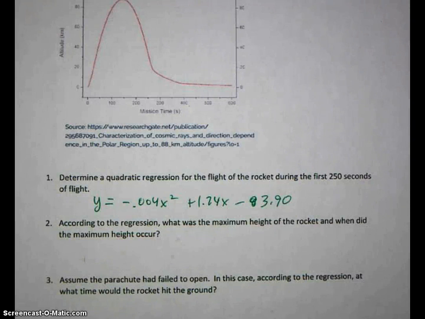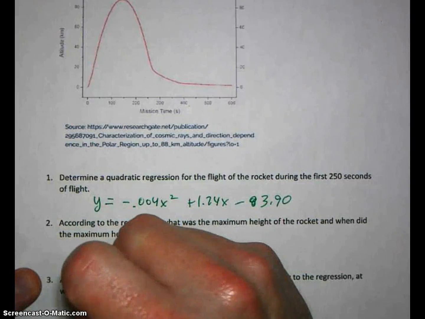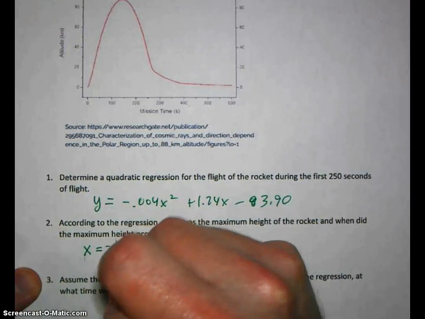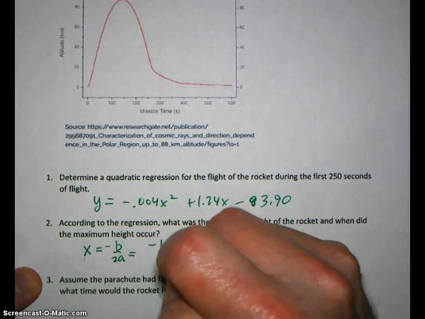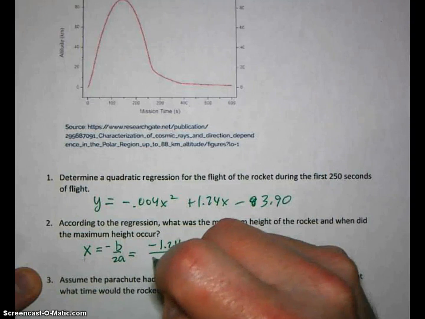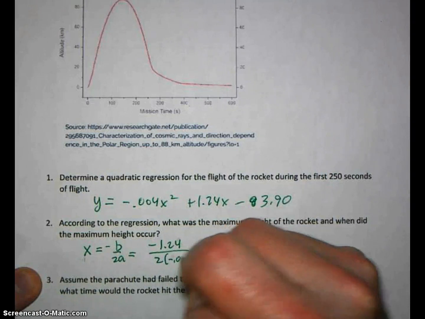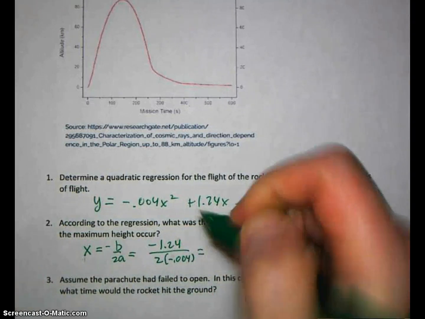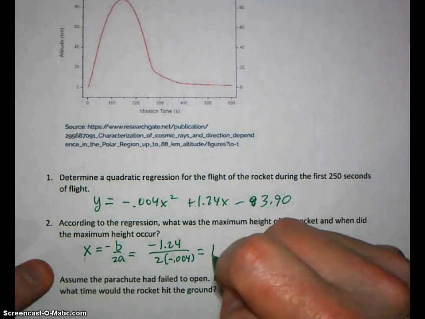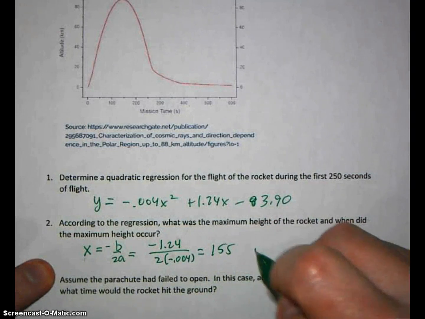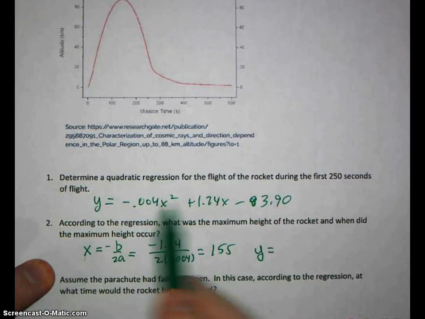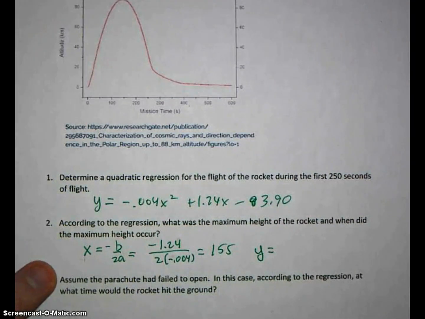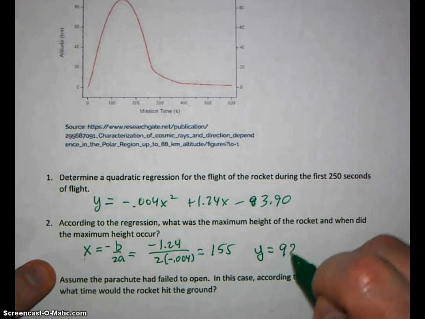All right, according to the regression, what was the maximum height of the rocket and when did this occur? The maximum happens at the vertex, so we can use x equals negative b over 2a. That's negative 1.24 divided by 2 times negative 0.004. Using my calculator, I got 155. I plugged 155 in for all the x's, and I got 92.2.